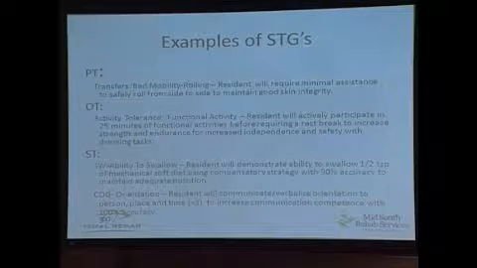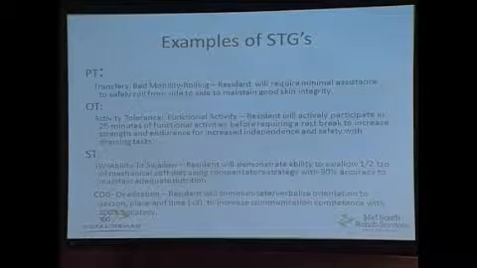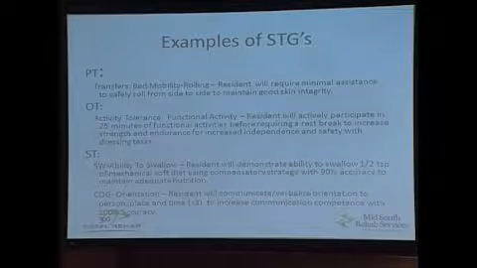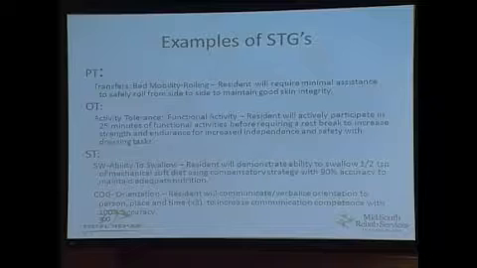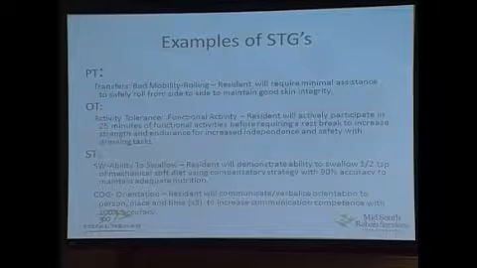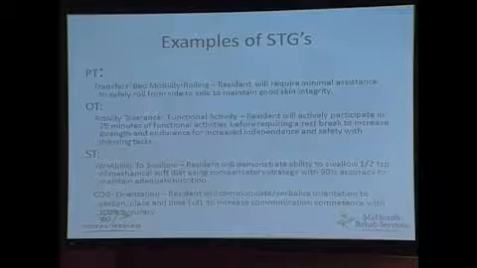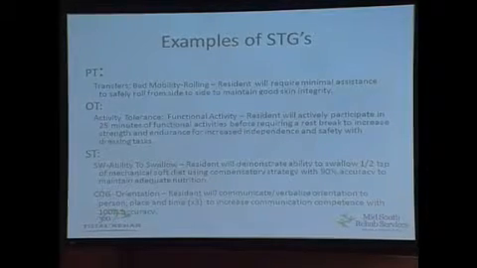OT, resident will actively participate in 25 minutes of functional activities before requiring a rest break to increase endurance and strength for increased independence and safety with dressing tasks. The components, resident, the measure is 25 minutes. The functional outcome is to increase strength and endurance for increased independence with safety during dressing tasks.